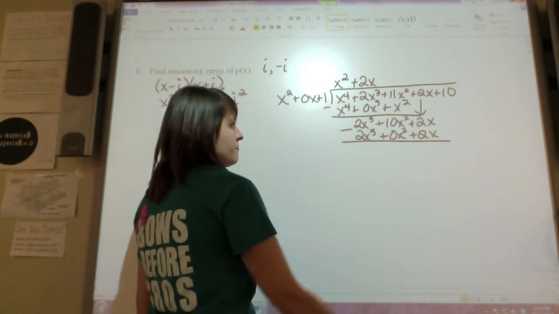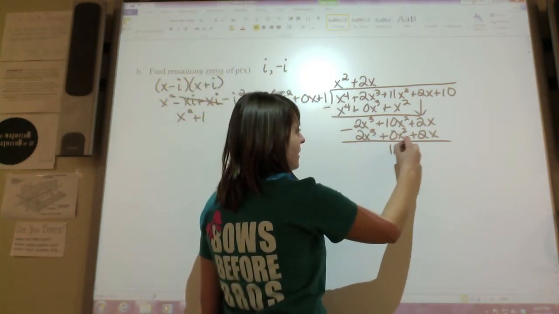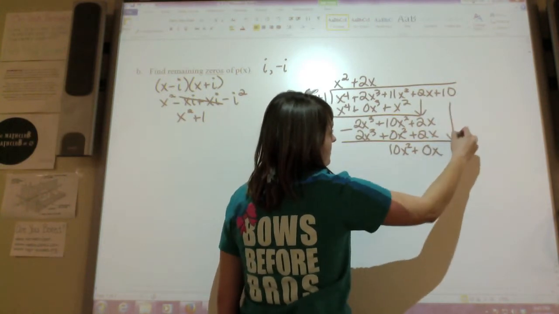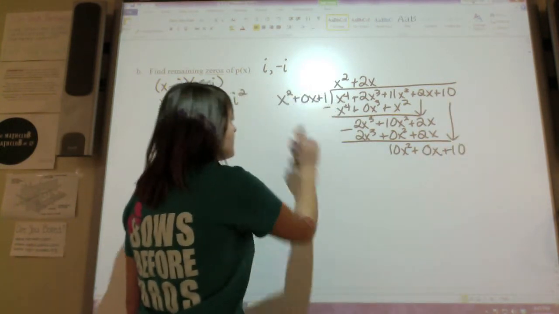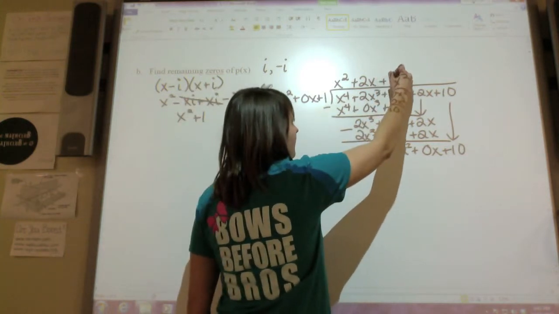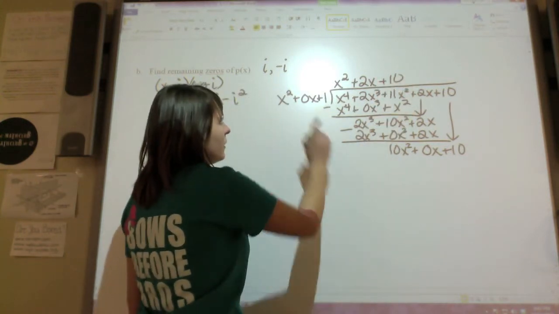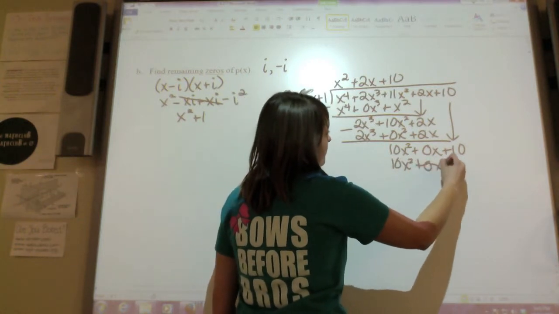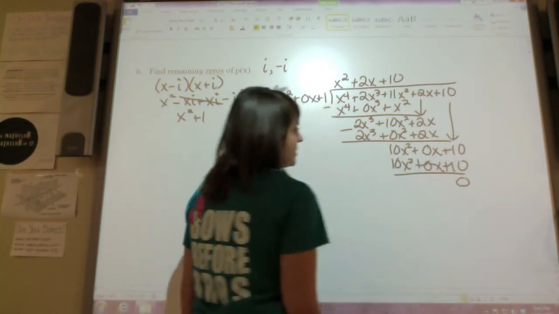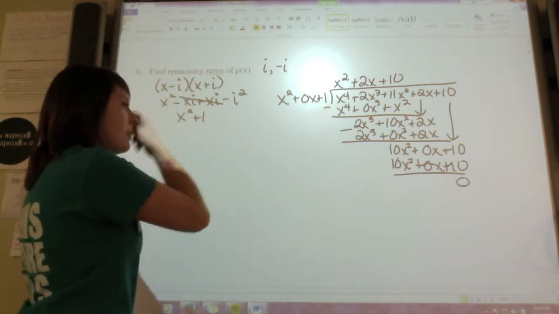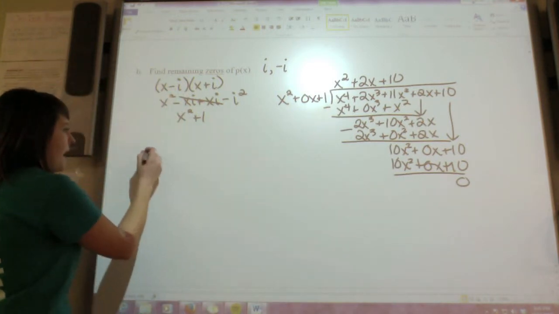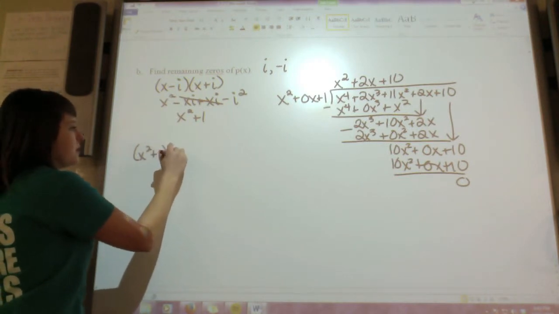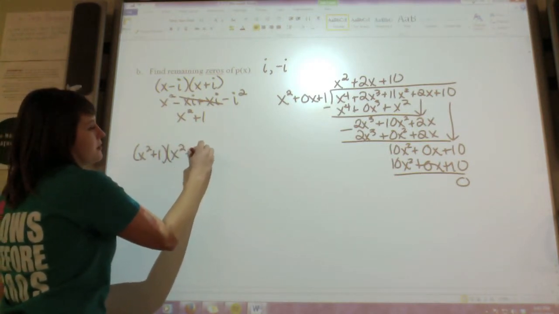And I subtract. So I get 10x squared plus 0x plus 10. So to get from here to here, I need a 10. And when I multiply that through, I get 10x squared plus 0x plus 10, which gives me a remainder of 0. So now I have x squared plus 1 times x squared plus 2x plus 10.